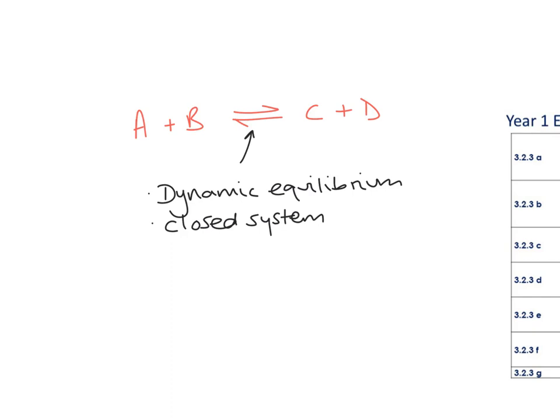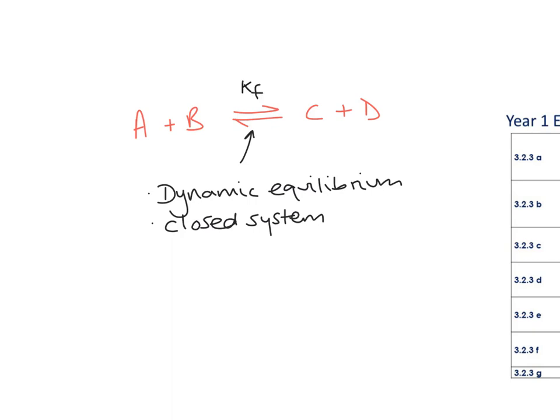And to understand what dynamic equilibrium is, we need to just appreciate what the arrows are representing. So the arrow here, going from A and B to C and D, is what we call the forward reaction. And this has a rate, so I'm going to use a small lowercase k to designate rate, and this is forward, so kF for forward.